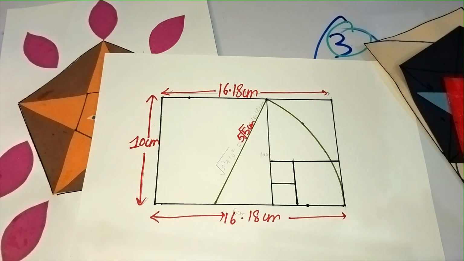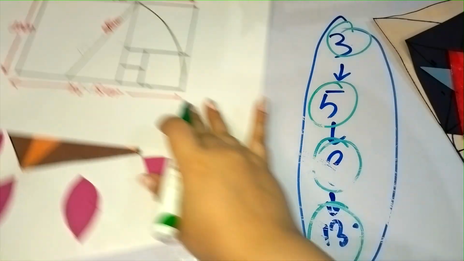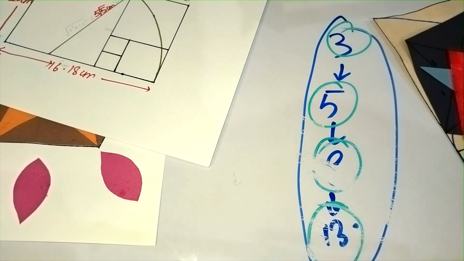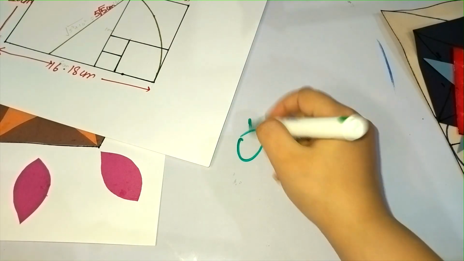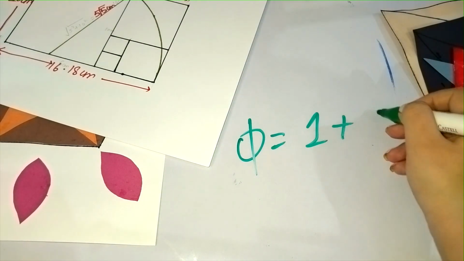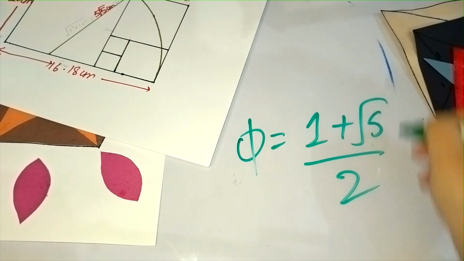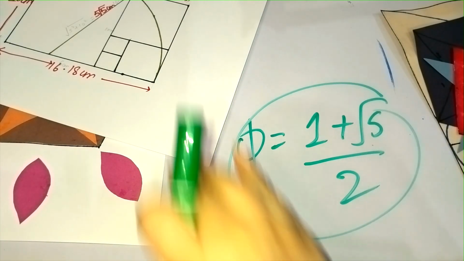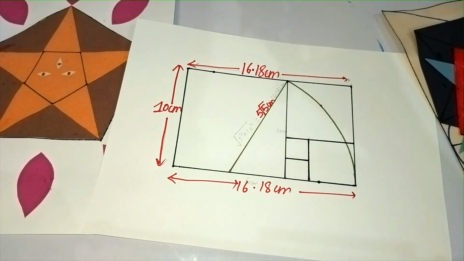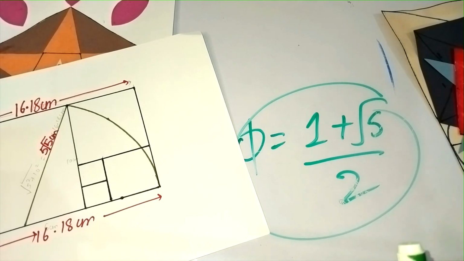If you remember, it is phi equal to 1 plus root 5 upon 2. We also derived it. What makes it fascinating is that this simple relationship connects algebra, geometry, and the Fibonacci sequence.